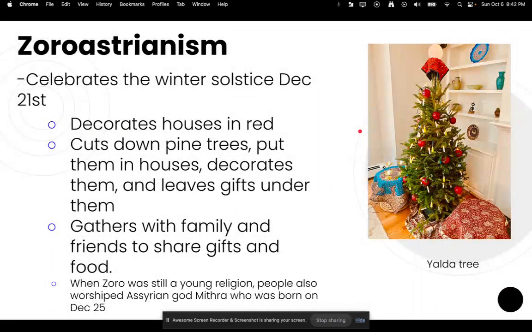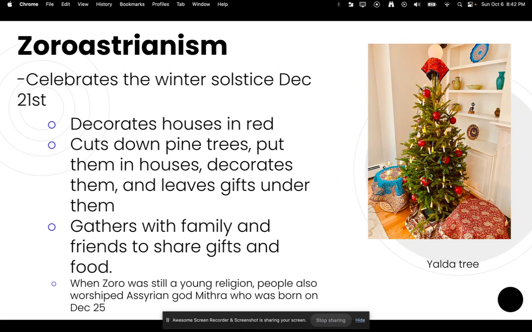So Zoroastrianists also celebrate the winter solstice on December 21st. To celebrate this holiday, they decorate their house in red. They also cut down pine trees, put them in their house, decorate them, and leave gifts under them. They also gather with family and friends to share gifts and food.